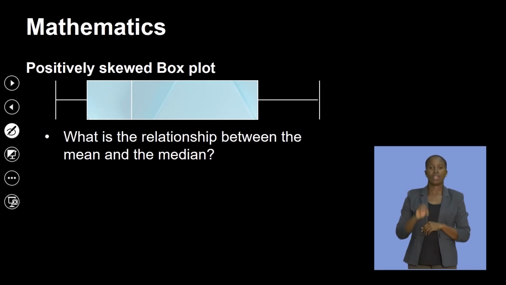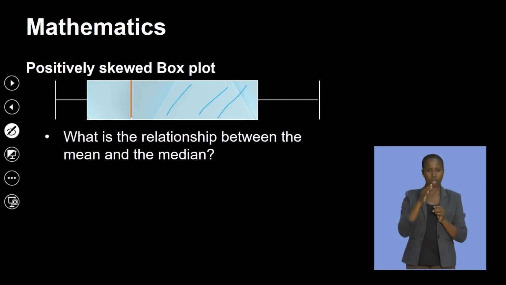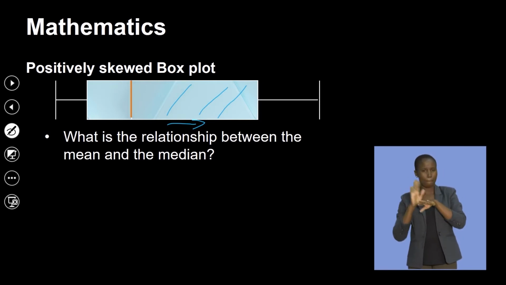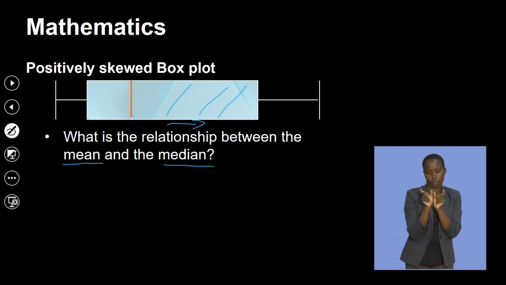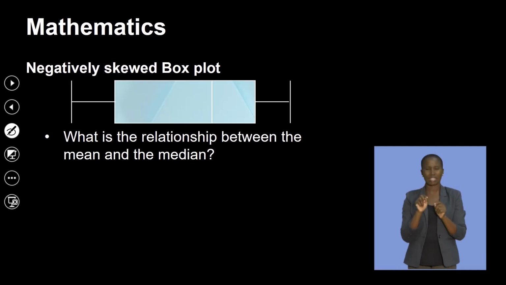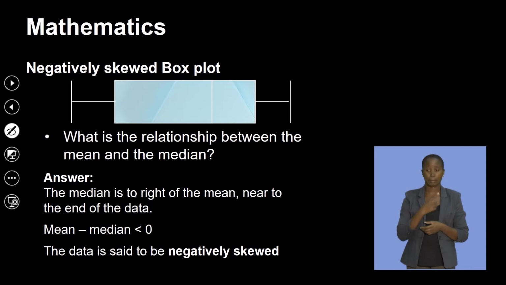But also positively skewed data. So this is positively skewed. If you look at the box plot, it's more on this side. Can you see? What is the relationship between the mean and the median? Similarly, we're going to say the mean minus the median.